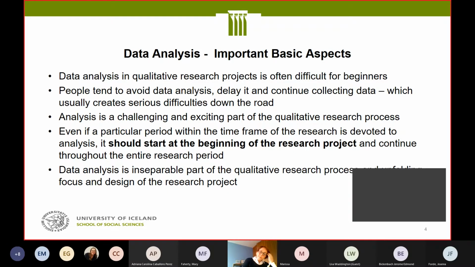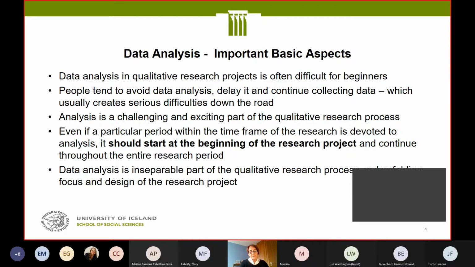Even when you read the methodology books, very often it says, okay, you collect the data and then you analyze the data and then you write. This is not correct. This is not how you really do it.